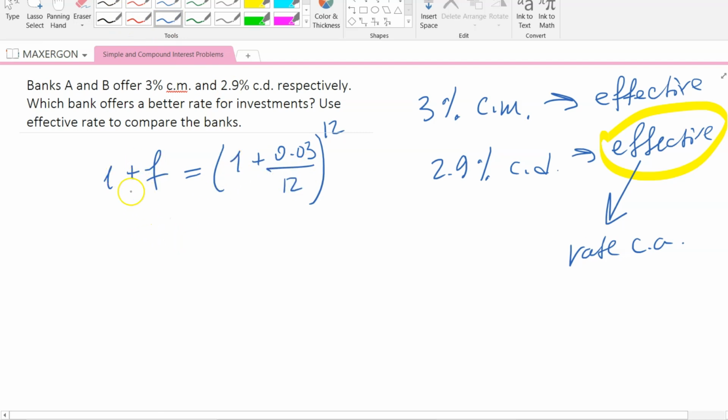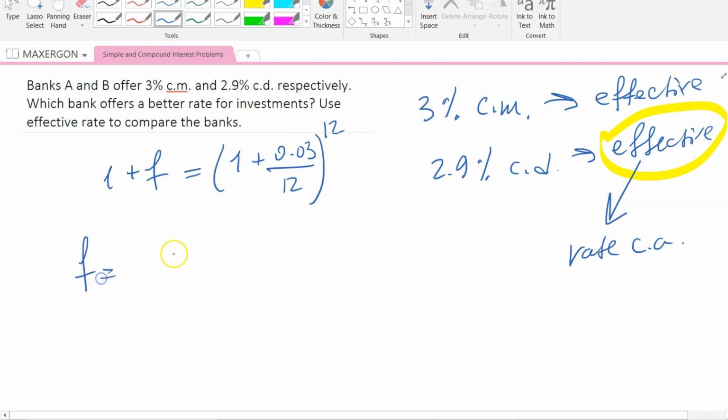Now what this means again is that $1 has been invested at some unknown effective rate, and because it's the rate compounded annually, there is no exponent here, or more correctly, there is an exponent of 1, but we don't have to write that exponent because it doesn't change anything. And on the right side, we have $1 invested at 3% compounded monthly for a year. And they should coincide because we need to find the effective rate, which is equivalent to 3% compounded monthly in this case.